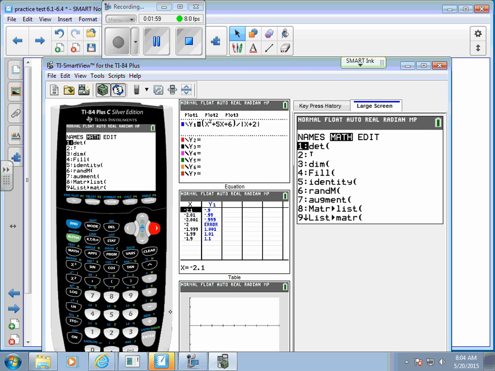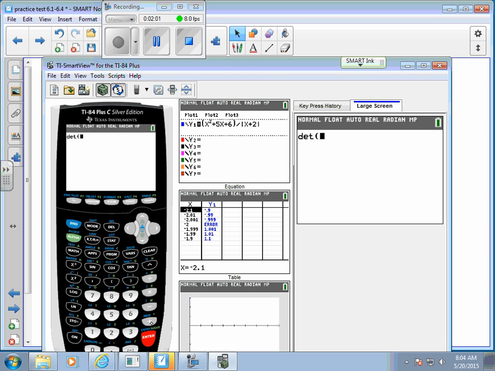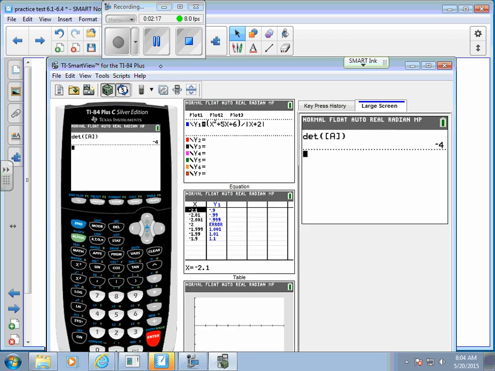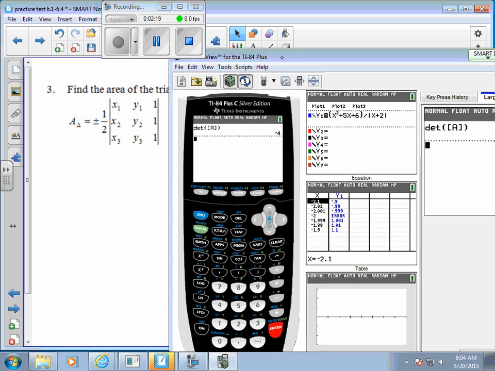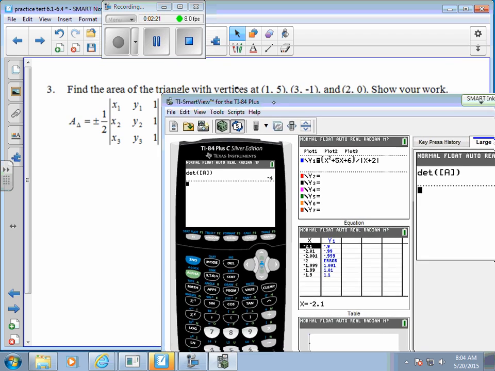So I'm going to do a determinant, that's what those straight lines mean, on the matrix. The only matrix that I have is A. So I'm going to press enter and close my parenthesis, and I get a determinant that says -4. So my determinant is -4 for that matrix with those points in it.